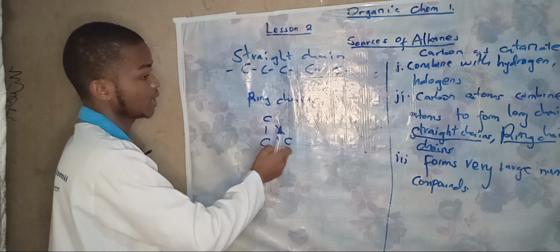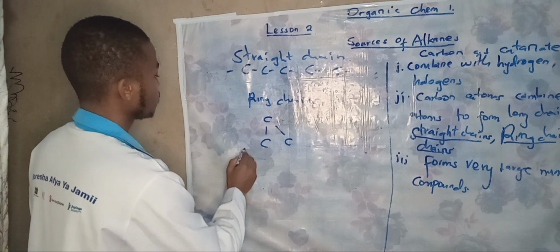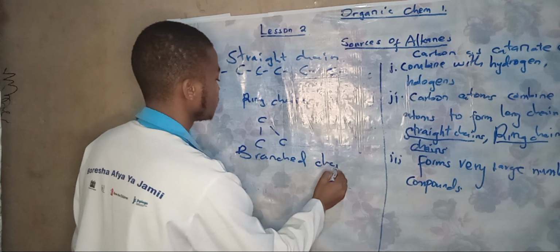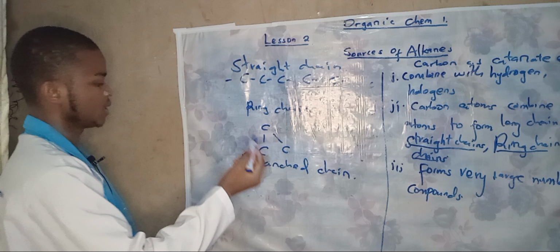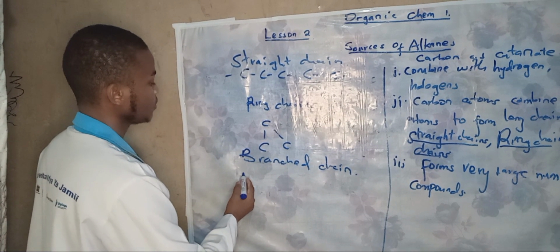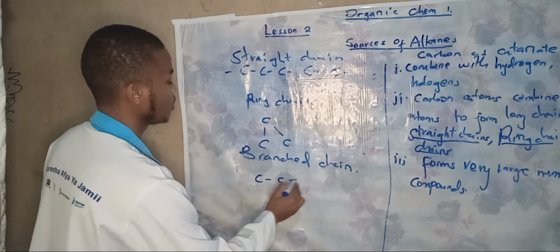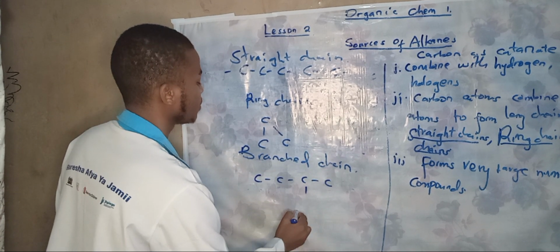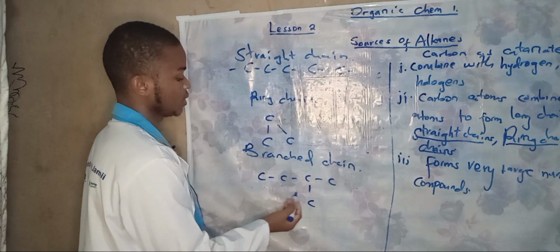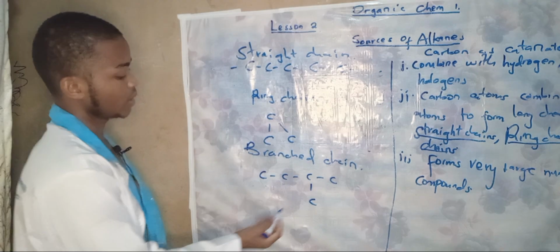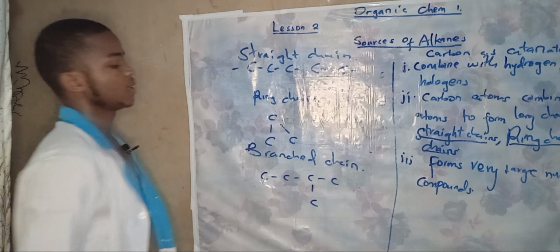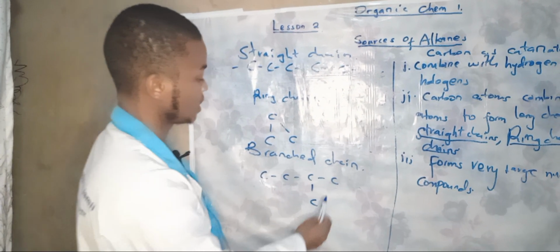This one is very straight. And also branched chain. A branched chain will appear like this: carbon, carbon, carbon, carbon, carbon. So we can see it has already branched. Were it that it was straight, then the carbon atom will be in front of this carbon, which is letter C beyond here.